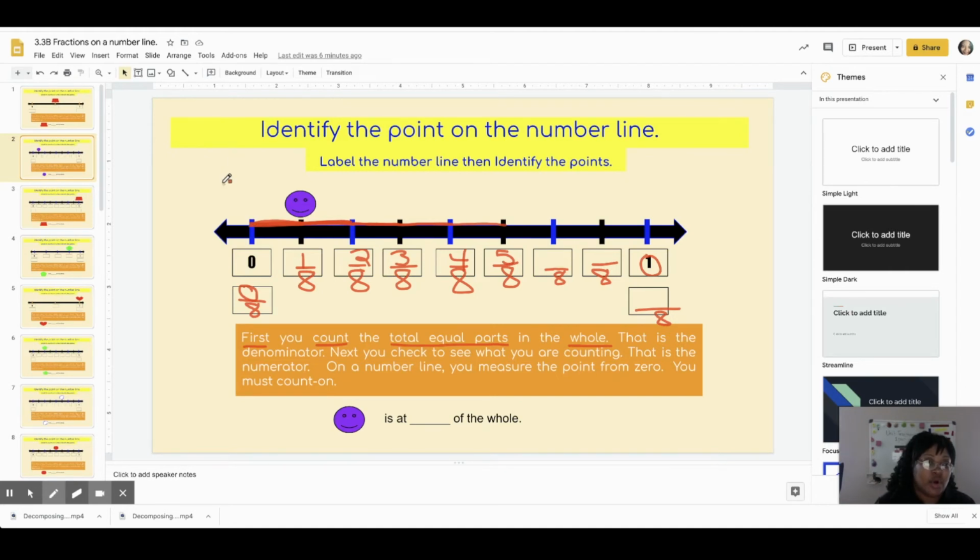Notice, on a number line, we always start at 0.